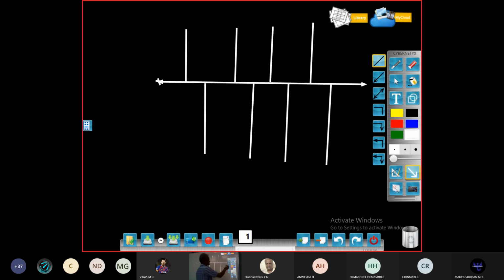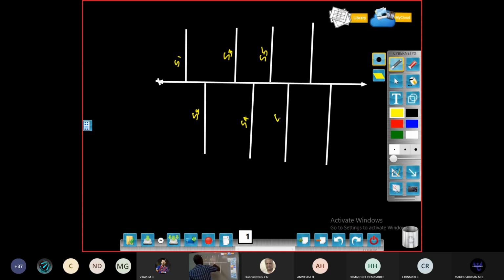So we have some streets here. On these streets, let us write this is street number 1, I will write S1, and this one S2, S3, S4, S5, S6, S7, S8. There are 8 streets and this is the main road. So from the main road you have 8 streets here.